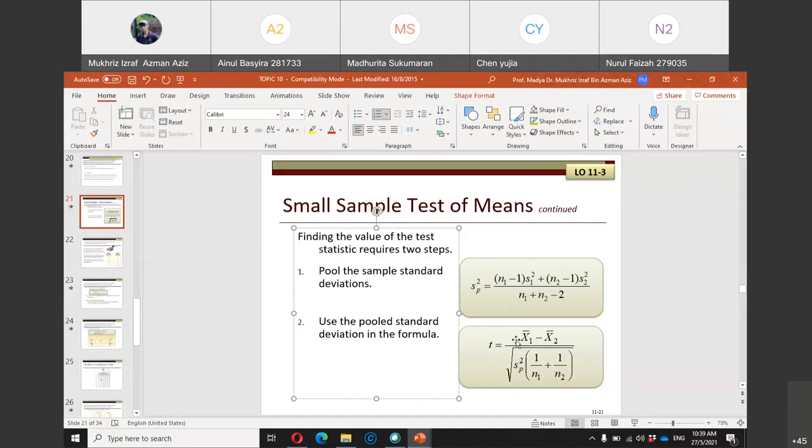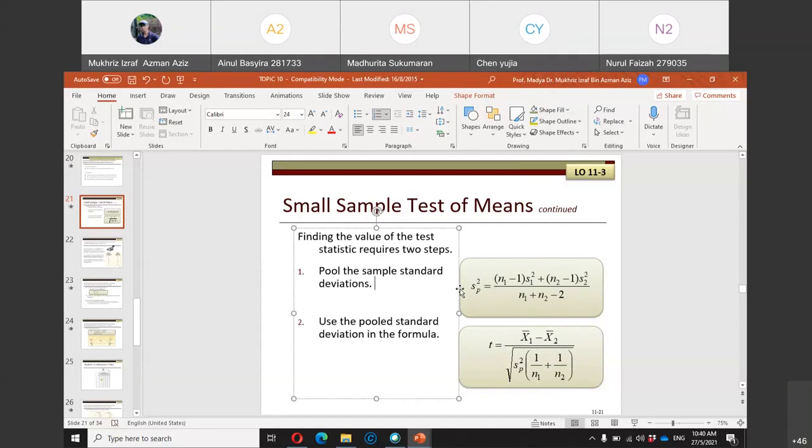So again, X bar 1 minus X bar 2. Which one is 1 and which one is 2 is the same as what we did before, depending on how it appears in your H1. Whichever mean appears first will be your X bar 1. The one that appears on the next side, the second value, will be your X bar 2.